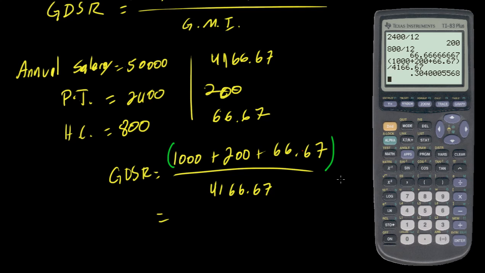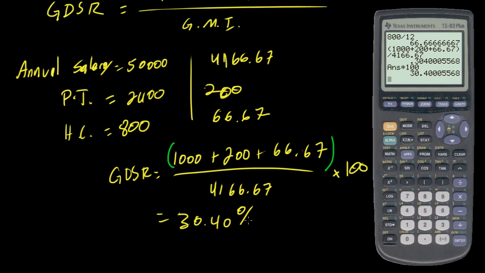It's built into the formula that you times it by 100 because we normally list it as a percentage. So we're going to say times 100, and we get the percentage here. So we got 30.40%. Here's your 1 mark.